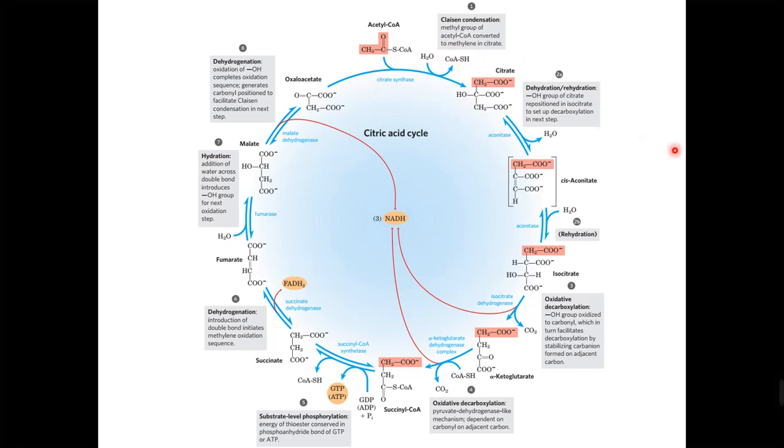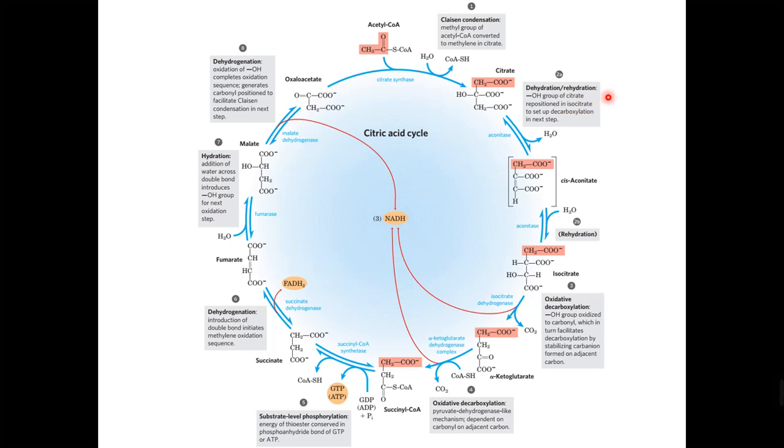The second reaction is by the enzyme aconitase. So 2A, that is dehydration or rehydration. The hydroxyl group of citrate is repositioned in isocitrate to set up decarboxylation in the next step.